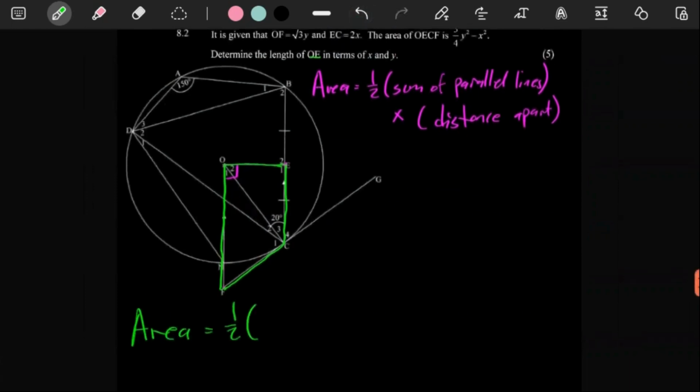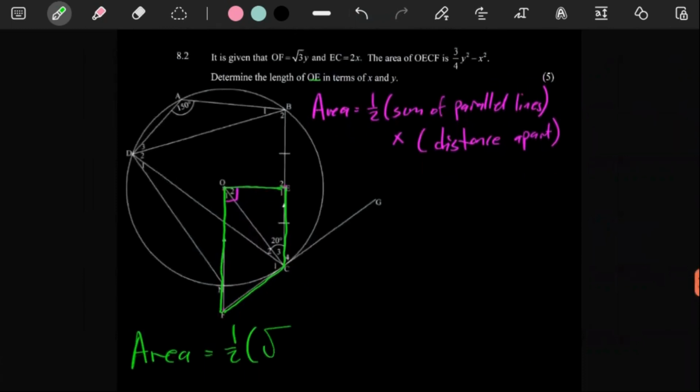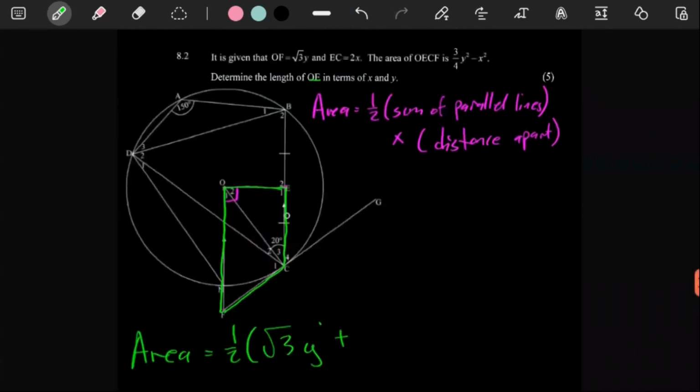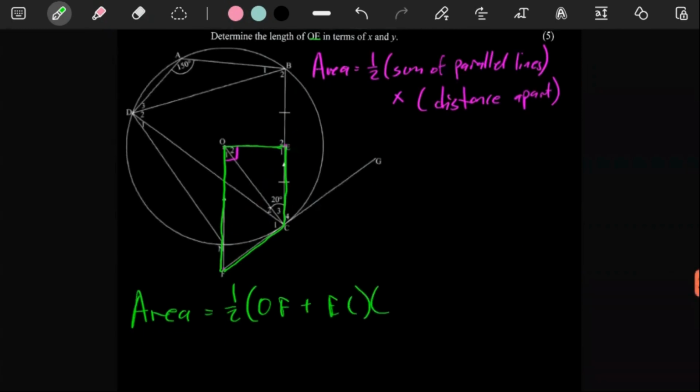The parallel sides, it's OF, the length they gave us, square root of 3 with a y here, plus the other parallel line, because the sum of parallel lines means you have to add them up, right? So let me write it with symbols first. It's going to be a half, OF plus EC, multiplied by the distance apart, which is OE. That's the distance apart, so as long as that's right, we're good.